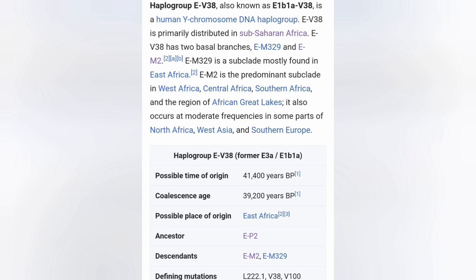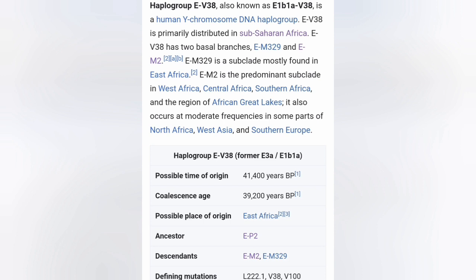It's been discovered at least once. Now, again, probably were mixed people who lived in those areas, but these are very small. So, E1B1A is mainly an African DNA.